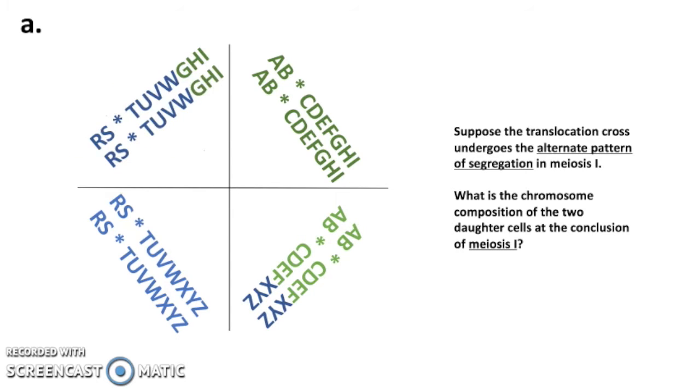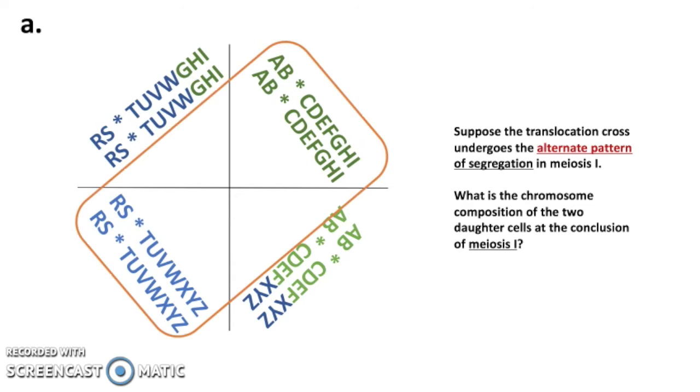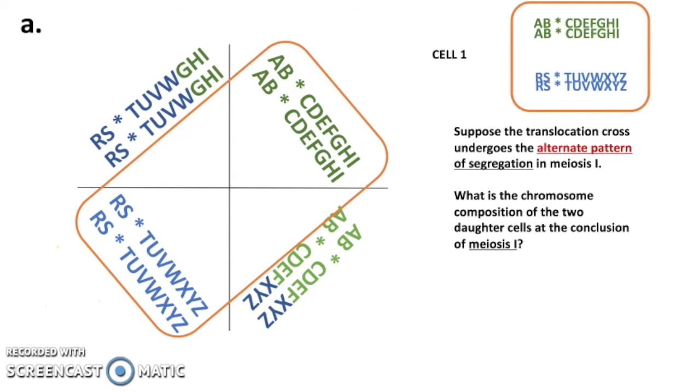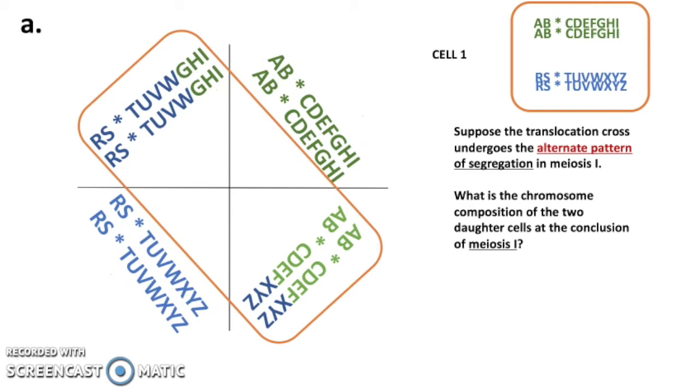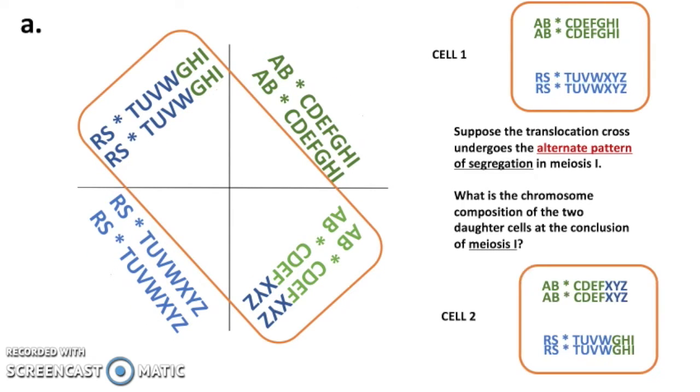There we go. So first we're going to figure out what happens when an alternate pattern of segregation takes place. In this situation, when the cells separate at the end of meiosis 1 to form the two daughter cells, these chromosomes will separate into one of the cells, and these chromosomes will separate into the other one.